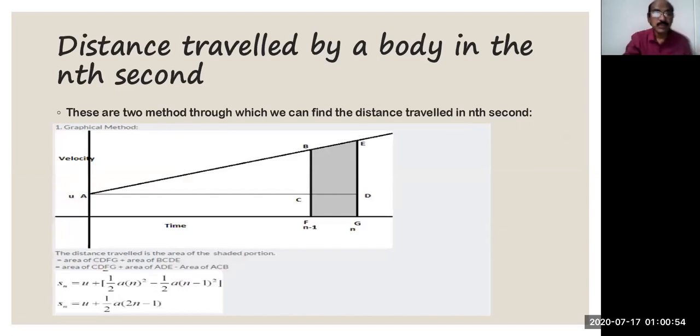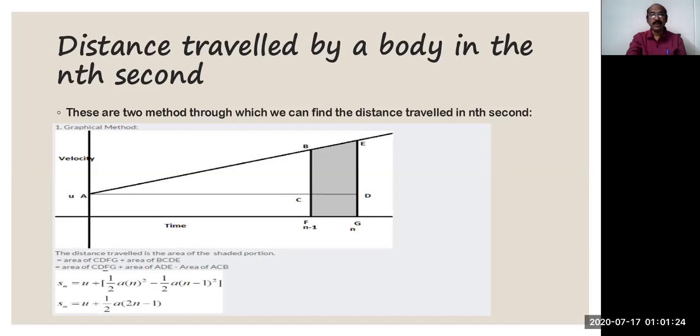Now let us know another equation of motion, that is, the expression for distance traveled by the body in the nth second. So when a body starts initially with zero velocity or with initial velocity u, then for example its journey time t equal to n seconds.